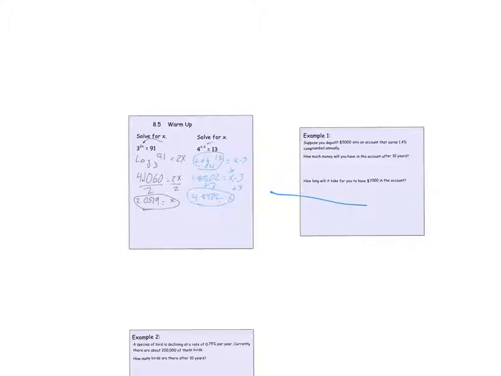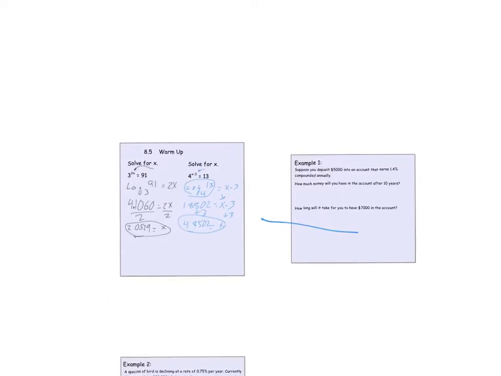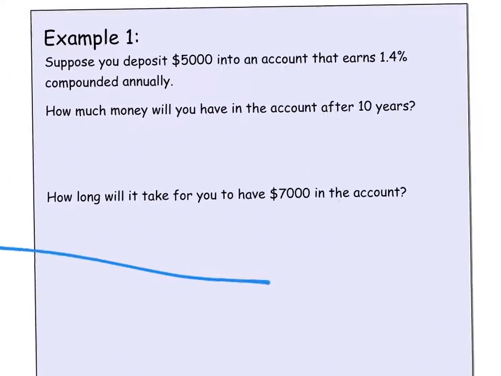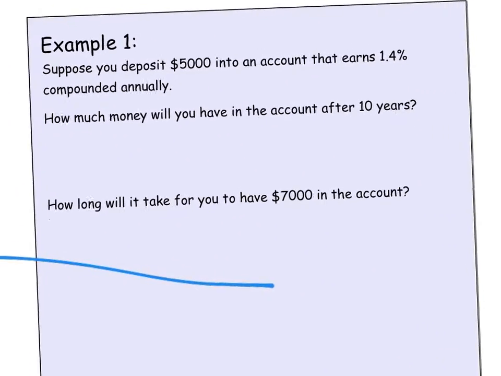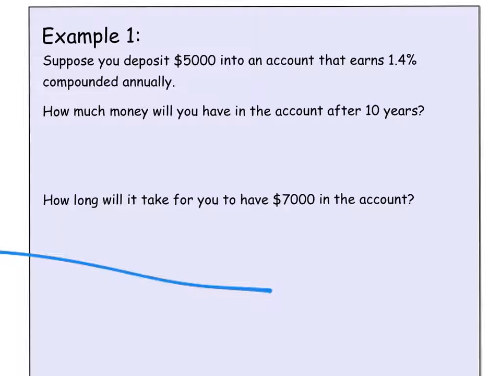So let's go to this first example. There's a new formula here. It's not necessarily new, but it's new in the way that you guys are going to look at it.